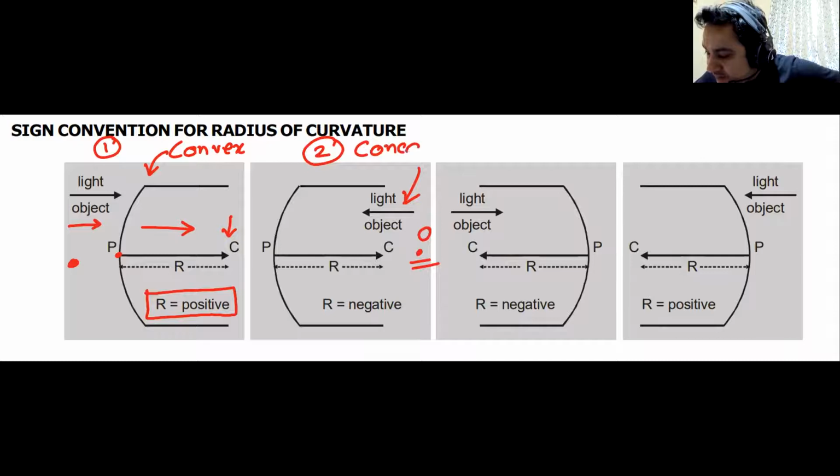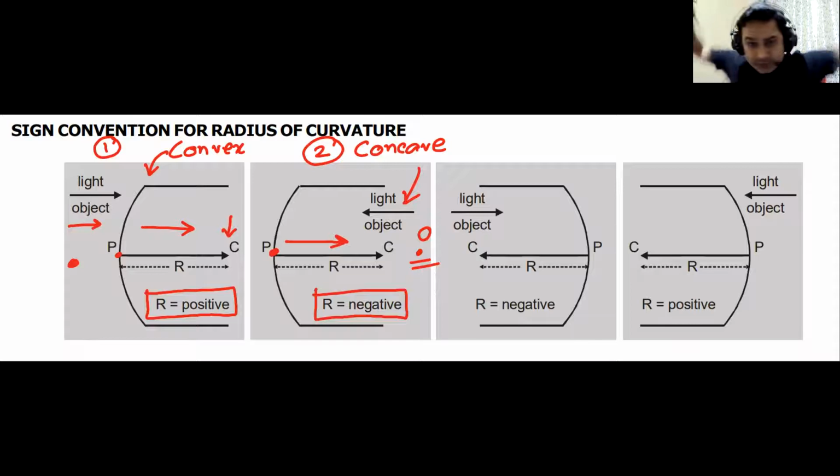Do we understand this? Yes, sir. Here again, the distance would be measured from the pole. The center of curvature is here. The distance would be measured in this direction, but light is coming from this direction, and therefore R in this case would be negative. Do we understand this? Can I have a raised hand that we understand this? Yes, sir.